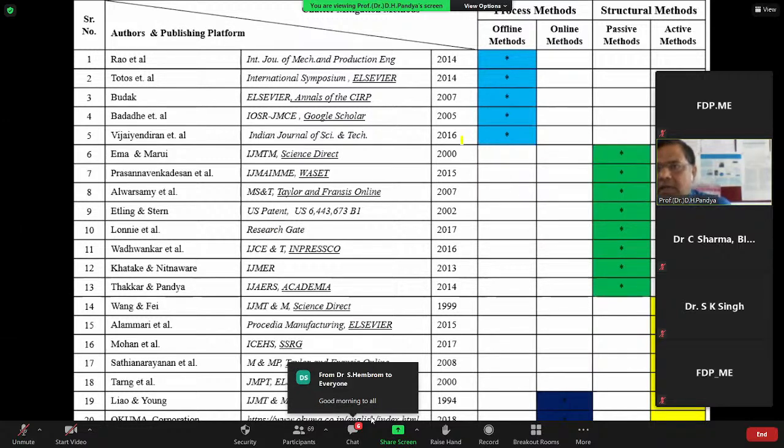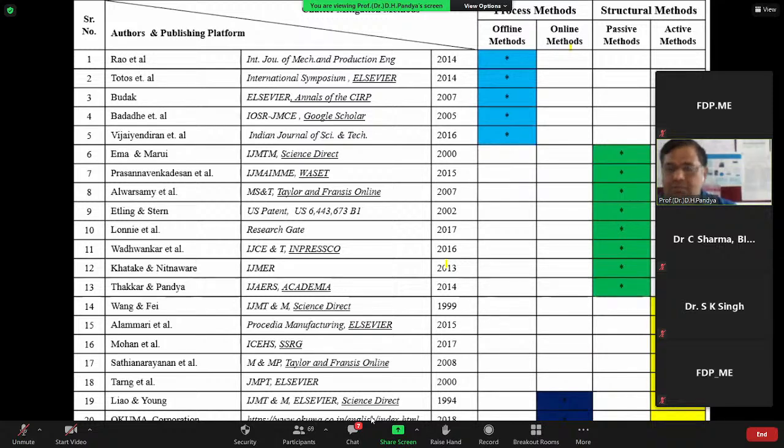The reason is that in the passive method classification, more research has been done because the passive structural method is more applicable, more utilized, easy to implement, easy to modify, and cheaper in cost. Yes, these are the main benefits of going with the passive methods.